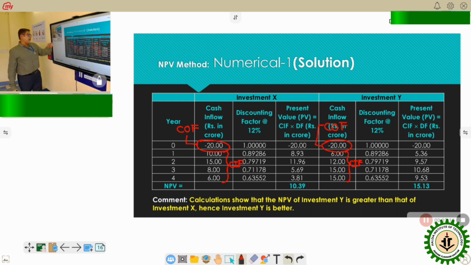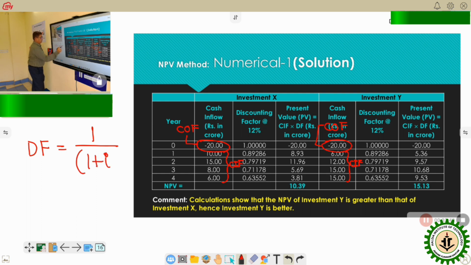Now we calculate the discounting factor. As I told you, if you calculate the discounting factor for the 0th year, it will be equal to 1. For the successive years, that means at the end of 1, 2, 3 and 4, we have computed the discounting factor. This has to be computed by 1 plus i whole to the power n.